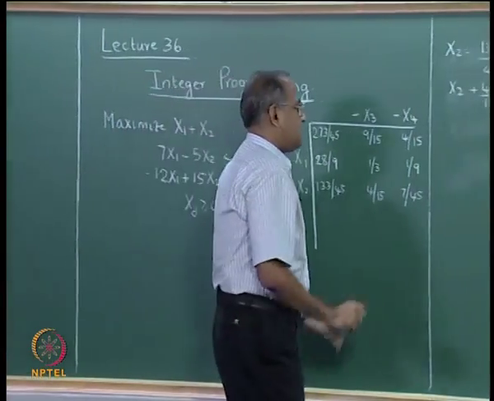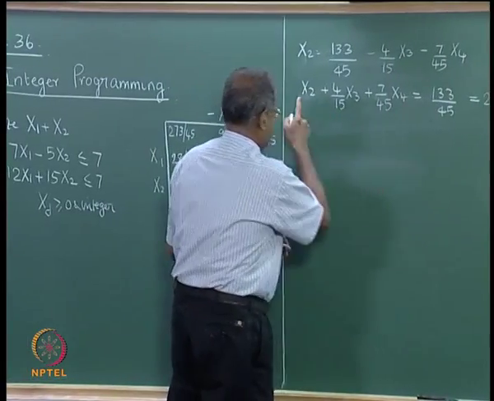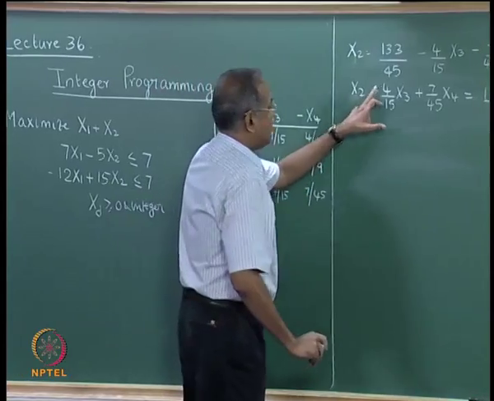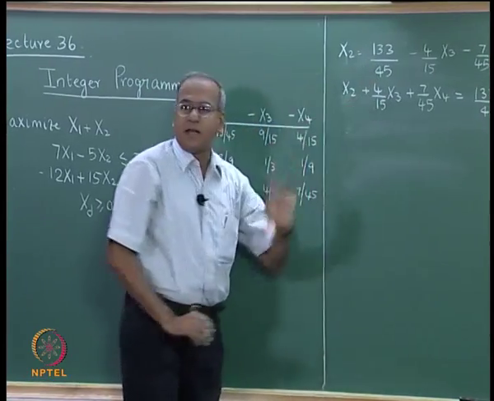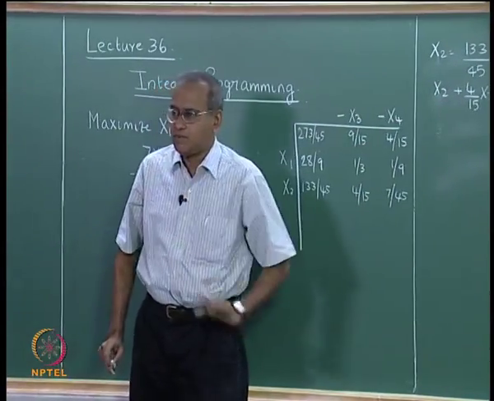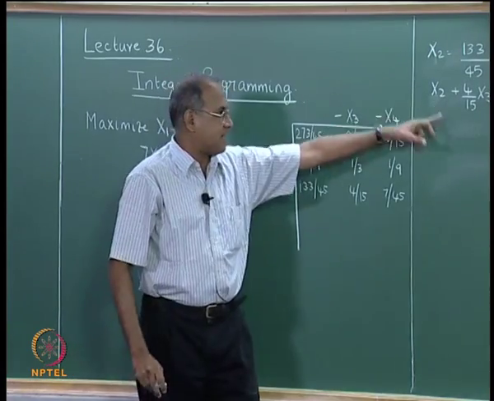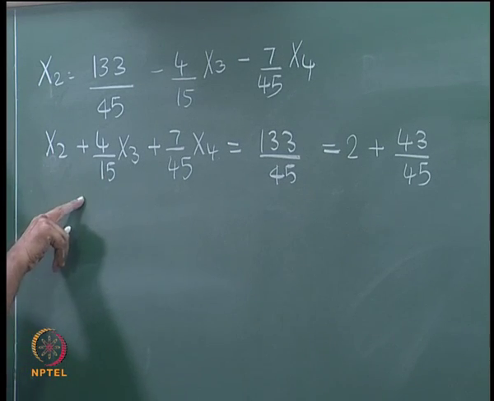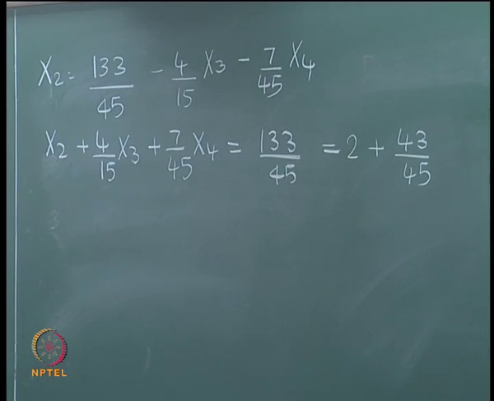So what we do now is we keep this as it is. If there is an integer, we keep this. The coefficient here happens to be a fraction less than 1. So we retain it as it is. If the coefficient were a number which is positive and greater than 1, then we write this as an integer plus a positive fraction less than 1.